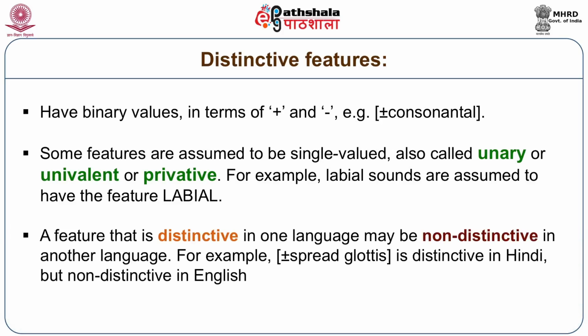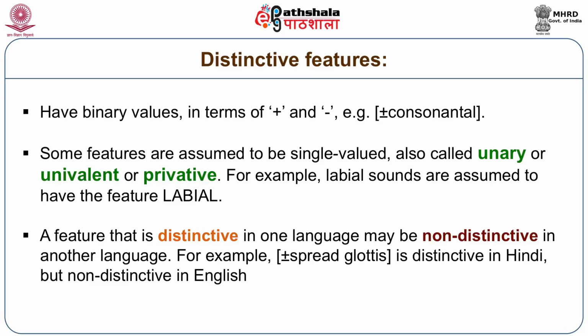The third point is about distinctive features being distinctive and non-distinctive. There are some languages in which a feature may be distinctive, but there are other languages in which the same feature may not be distinctive.